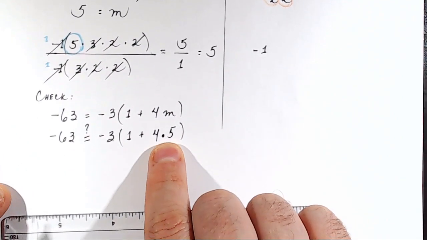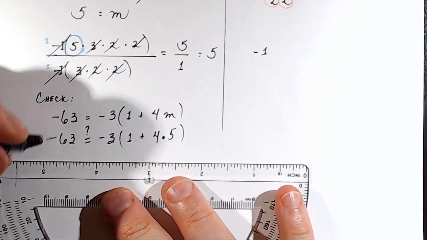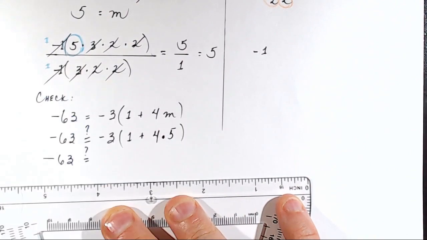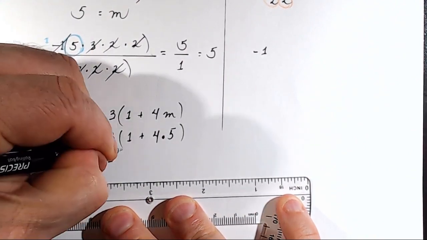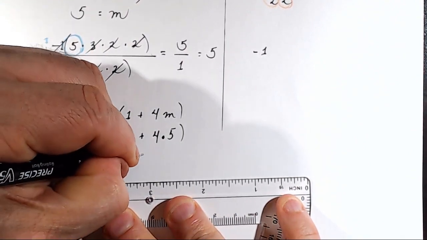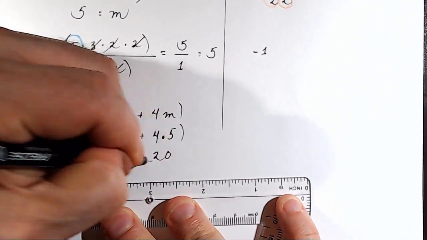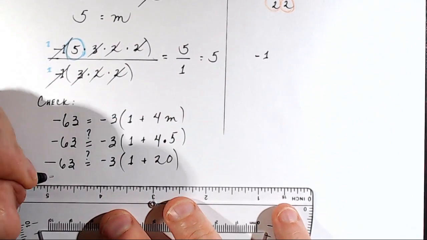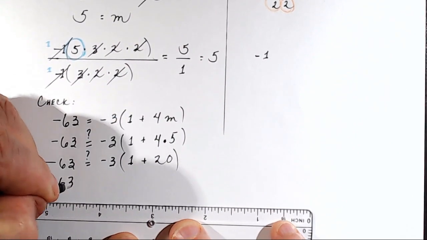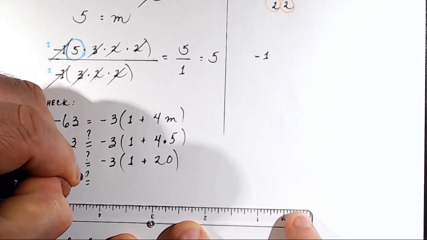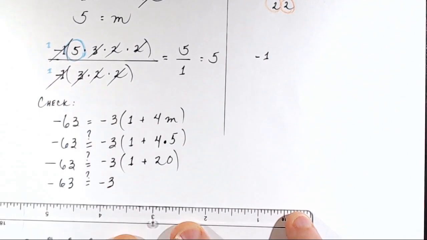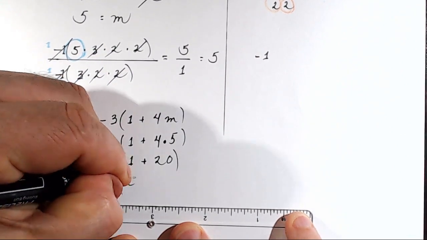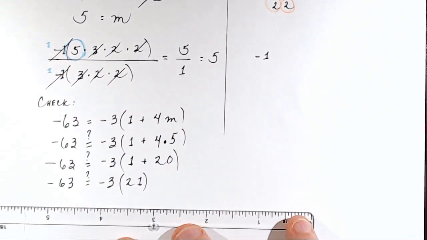So here inside the parentheses, we've got to do this multiplication first. So we'll rewrite negative 63 equals, again, question mark, negative 3, open parentheses, 1 plus 20. Okay, close parentheses, because 4 times 5 is 20. And now we continue, negative 63 equals, question mark, negative 3, and then add those two things. 1 plus 20 is 21. So negative 3 times 21.